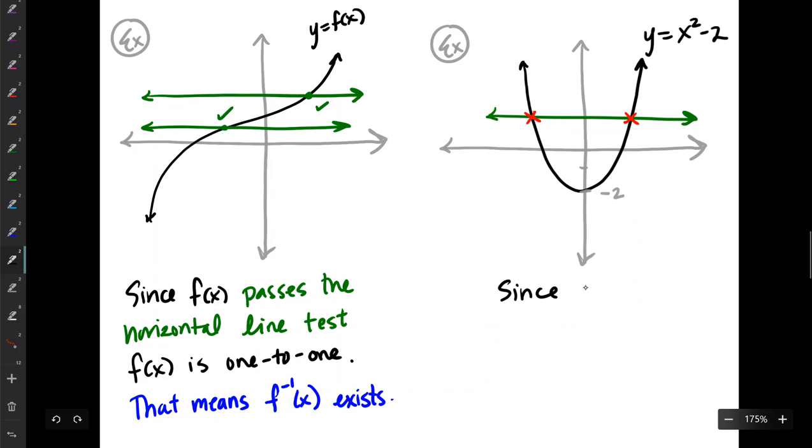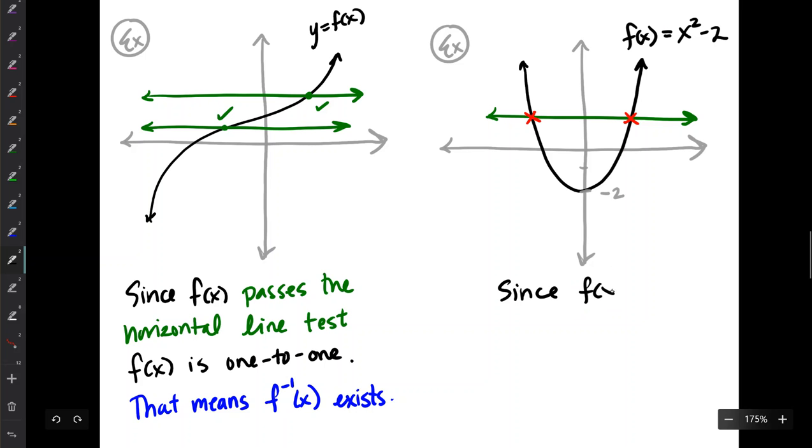So since f, I'll write it, y equals, we're comfortable with function notation. I want to use the function notation here because I want to use the inverse function notation.